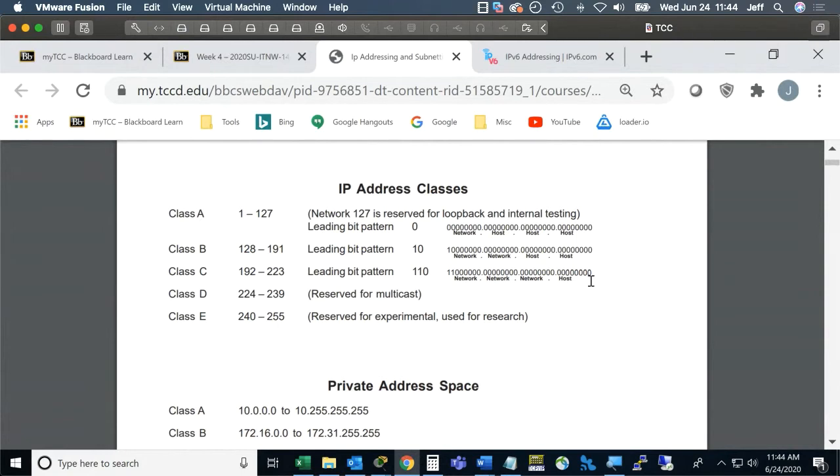This is 2 to the 0, which is 1. 2 to the 2 is 4. 2 to the 3 is 8. 2 to the 4 is 16, 2 to the 5 is 32, 2 to the 6 is 64, 128, 256.